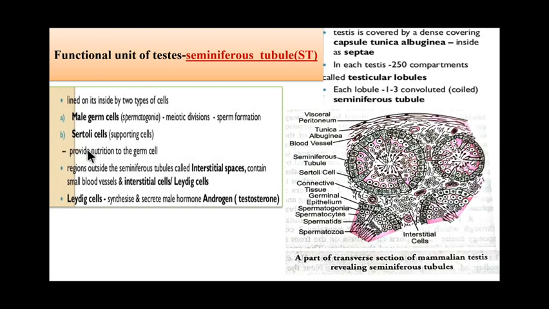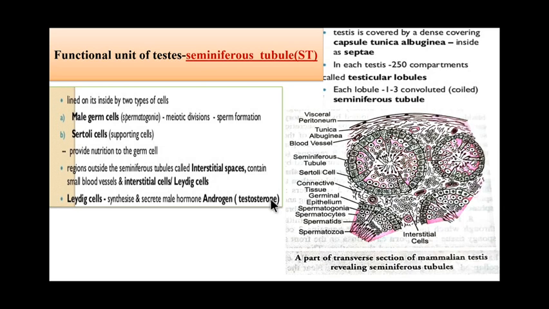Then the Sertoli cells, the elongated ones, are large elongated supporting cells present between the strands of the developing cells. They project into the lumen and provide nourishment to the developing sperm, and the spermatid gets embedded in the Sertoli cell and is transformed into sperm.